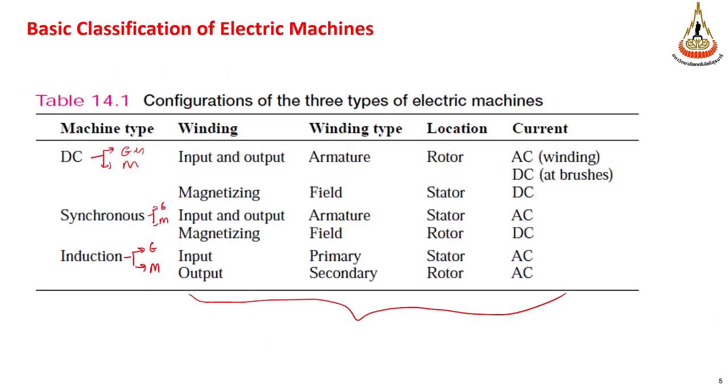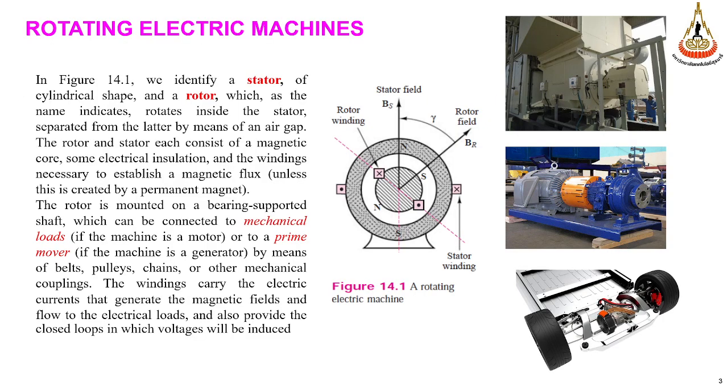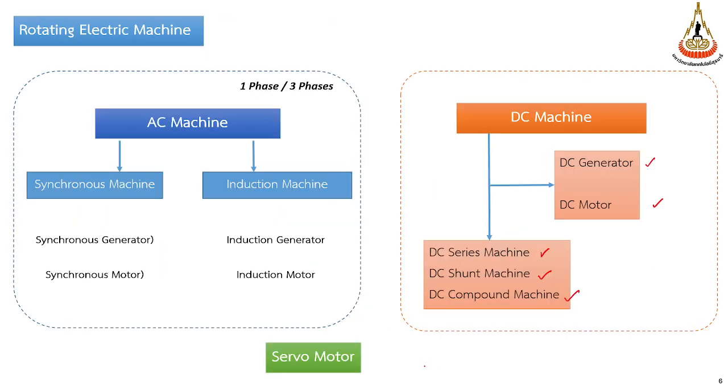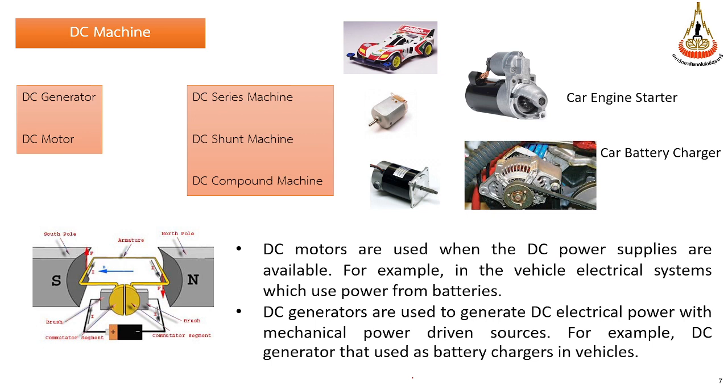In an EV car, we use induction machine. But in a car electrical system, we have the battery, and we use a motor to start the engine, like this car engine starter. The starter is a DC series motor.